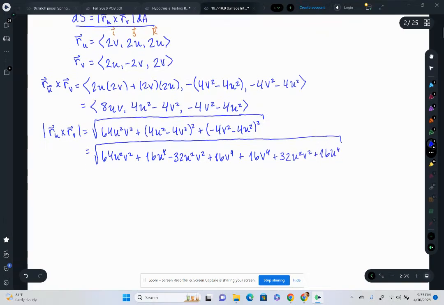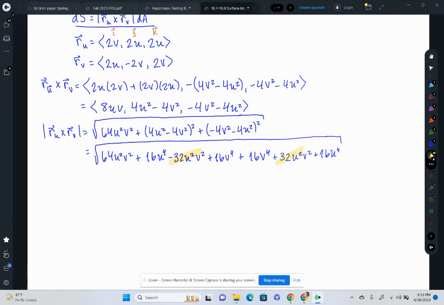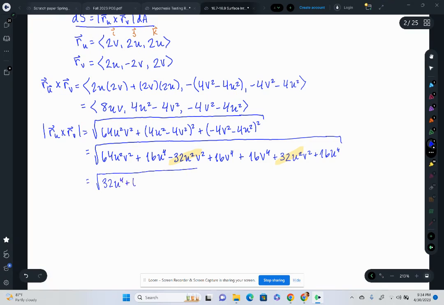I need to gather some like terms, see if anything goes away. I'm noticing the minus 32u squared v squared and the plus 32u squared v squared. And I can combine the 16u to the fourth and the other 16u to the fourth. This is equal to 32u to the fourth plus 64u squared v squared plus 32v to the fourth.